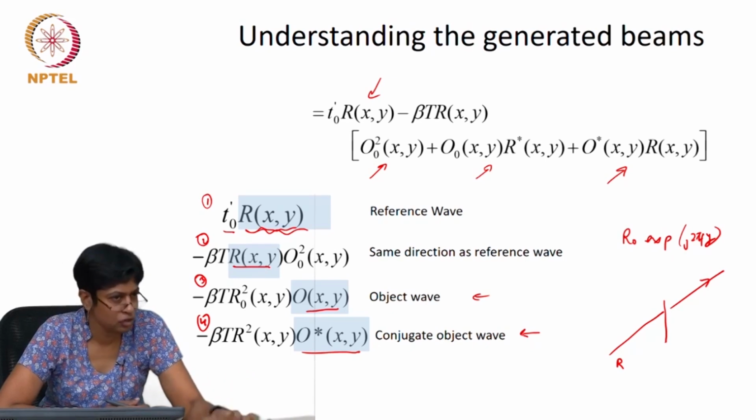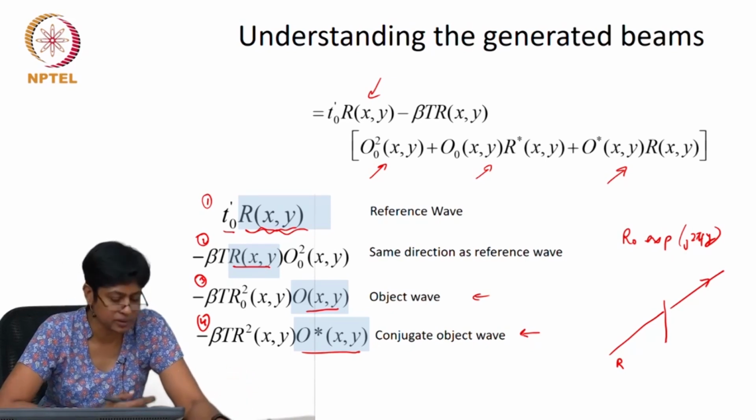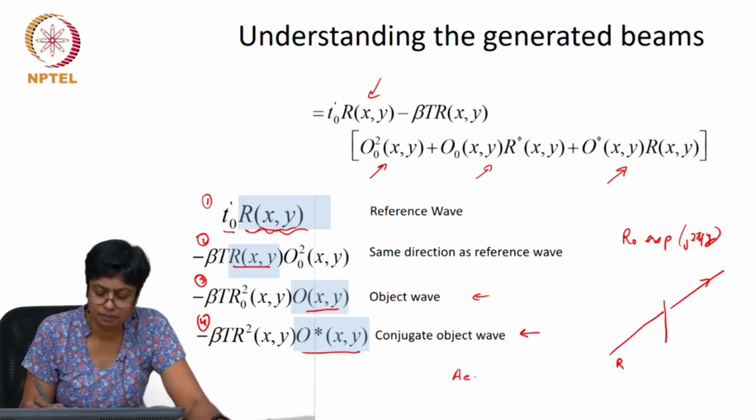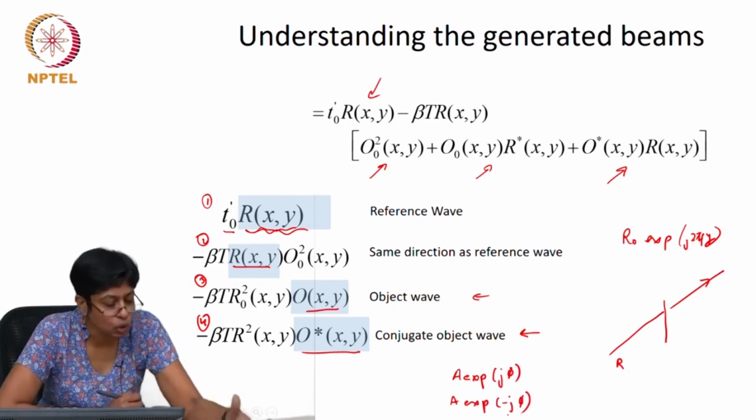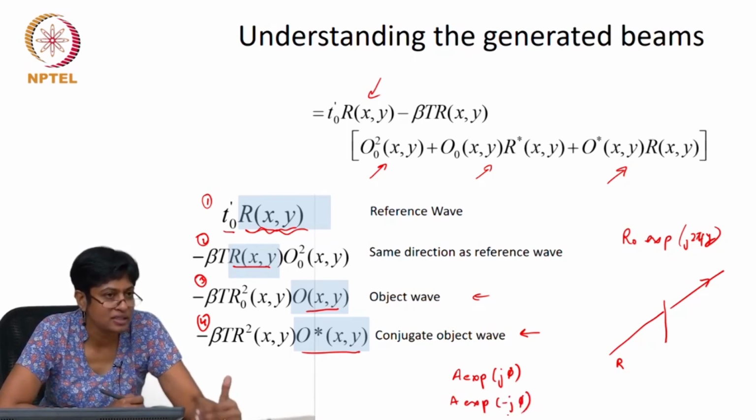Phase is negative. You have mathematically told me what happens. So, I have a beam is e power, so exponential j phi, and then I take the conjugate and I say that's exponential minus j phi. And you look at these two. How will our eyes perceive this as different? Will we see that difference?